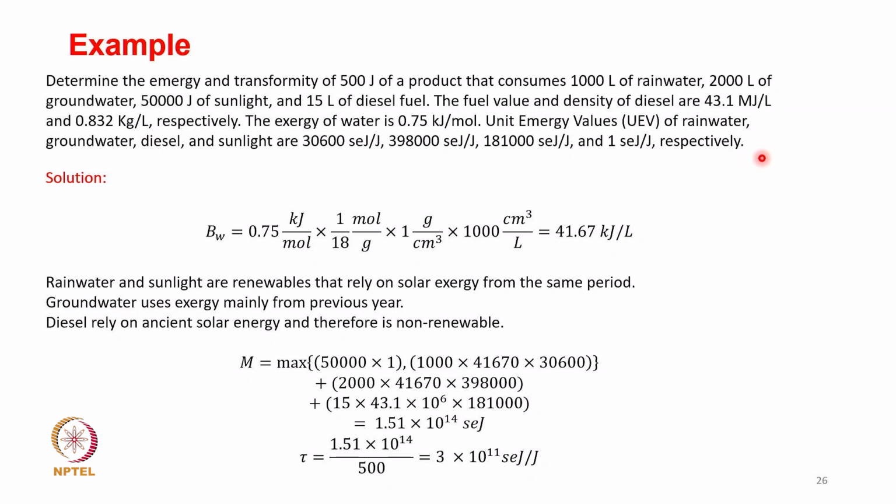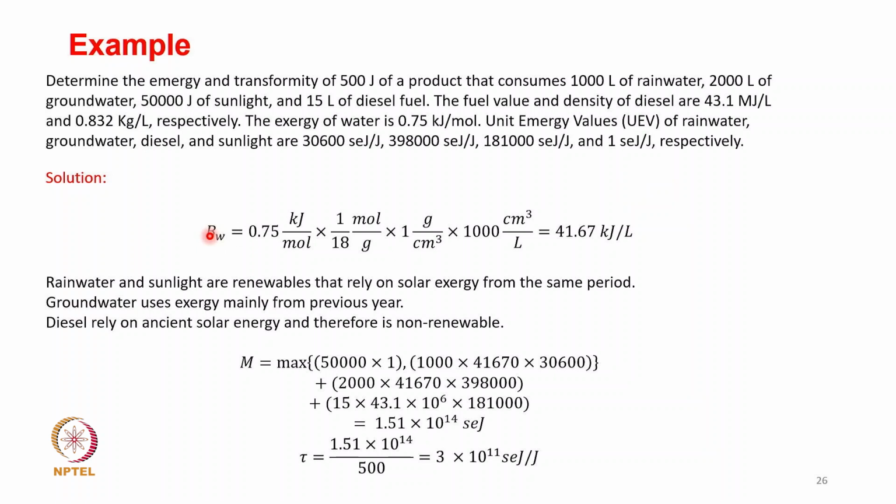The exergy of water is 0.75 kilojoule per mole. And the unit emergy values of rainwater, groundwater, diesel and sunlight are 30,600, 3,98,000, 1,81,000, and of course for sunlight it is 1 respectively.